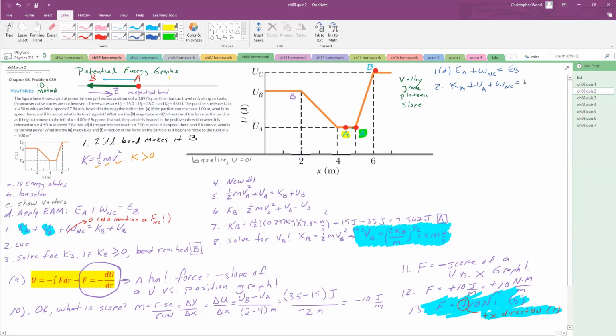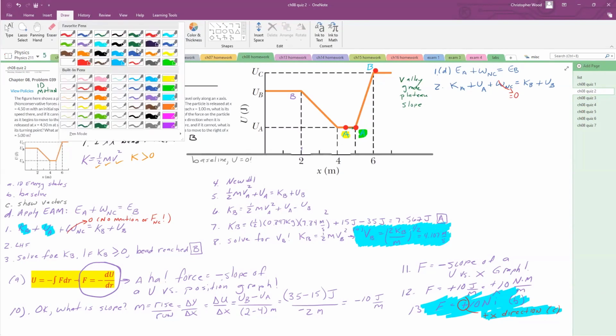But at B, do I have kinetic energy at B, and I have potential energy at B? So low-hanging fruit, this is going to equal 0. There's no description of forces adding or stealing energy.